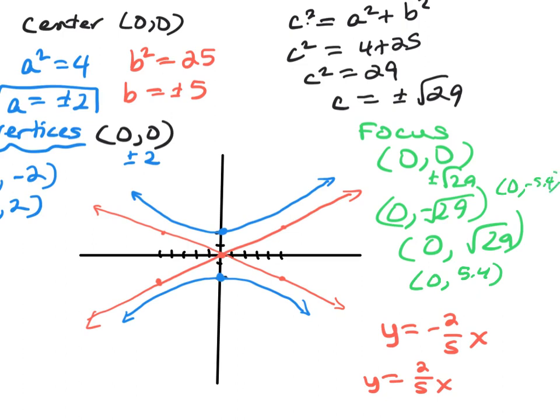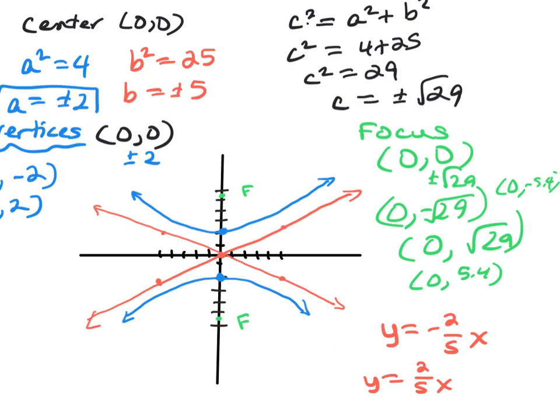If I come over here to my graph and add in some tick marks, 3, 4, 5, 6, 3, 4, 5, 6, I'll put it right about here and here. And those are the two foci. And that is your graph.